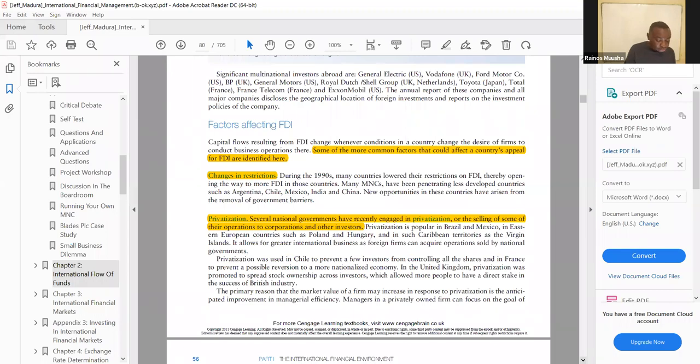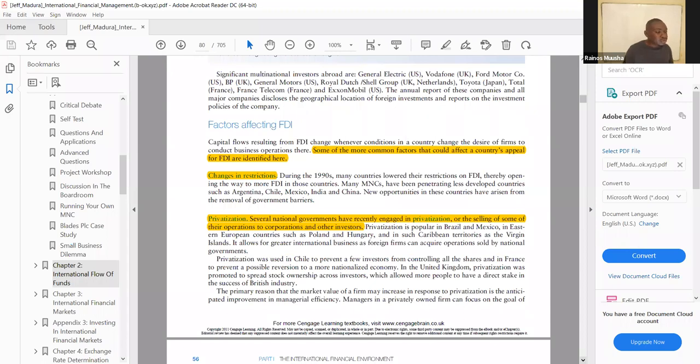Then another factor would be privatization, where they say several national governments have recently engaged in privatization, or the selling of some of their operations to corporations and other investors. Initially there was nationalization, where the governments owned a lot of these entities.